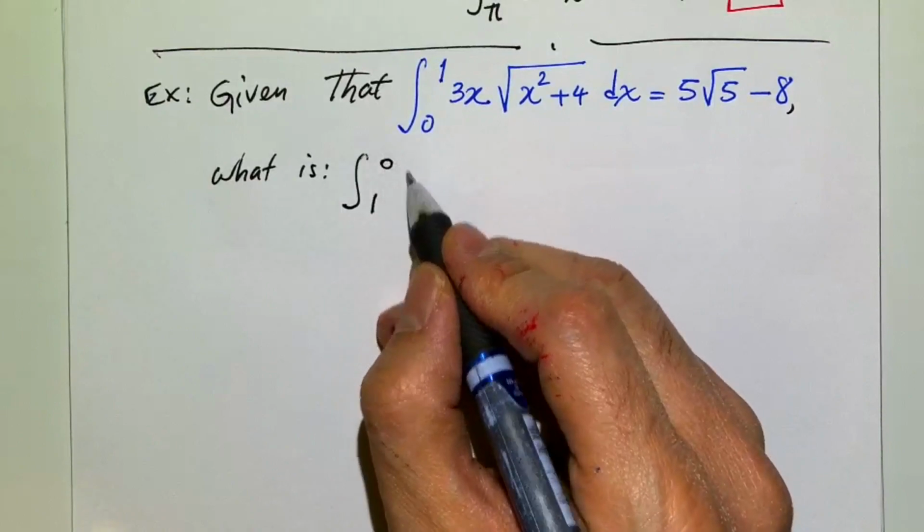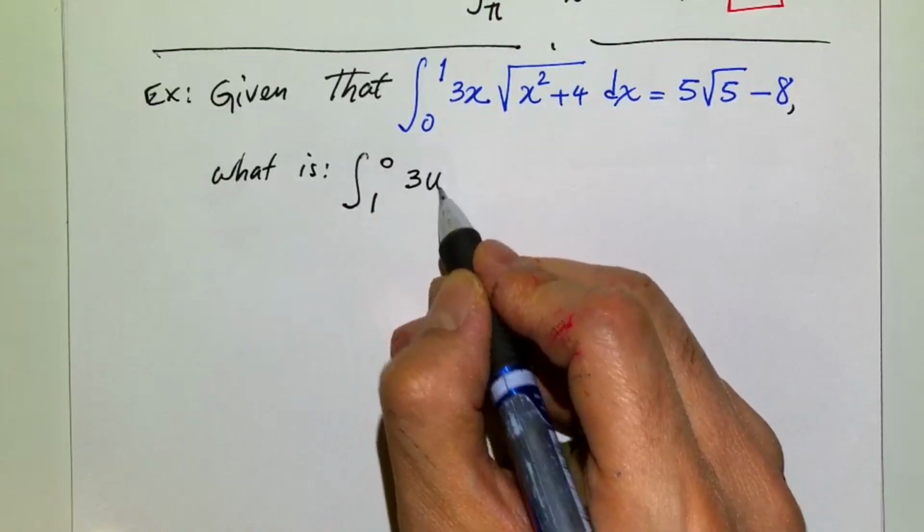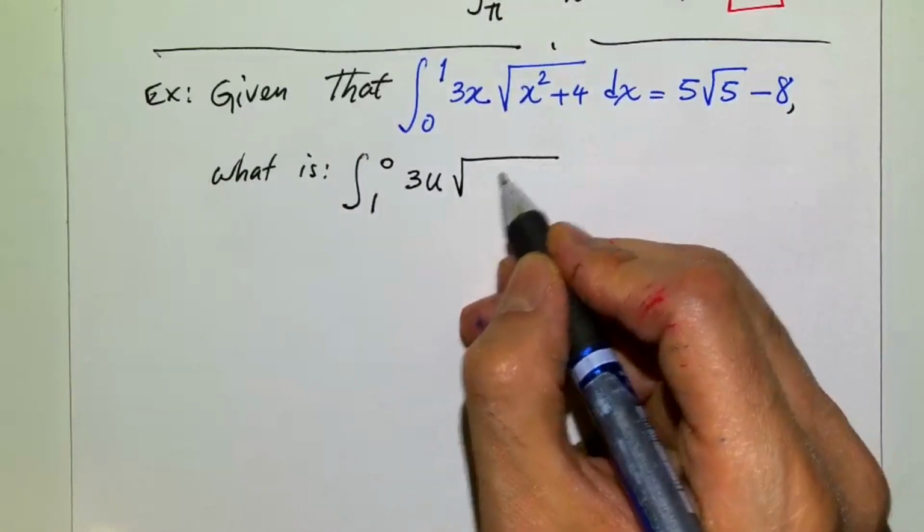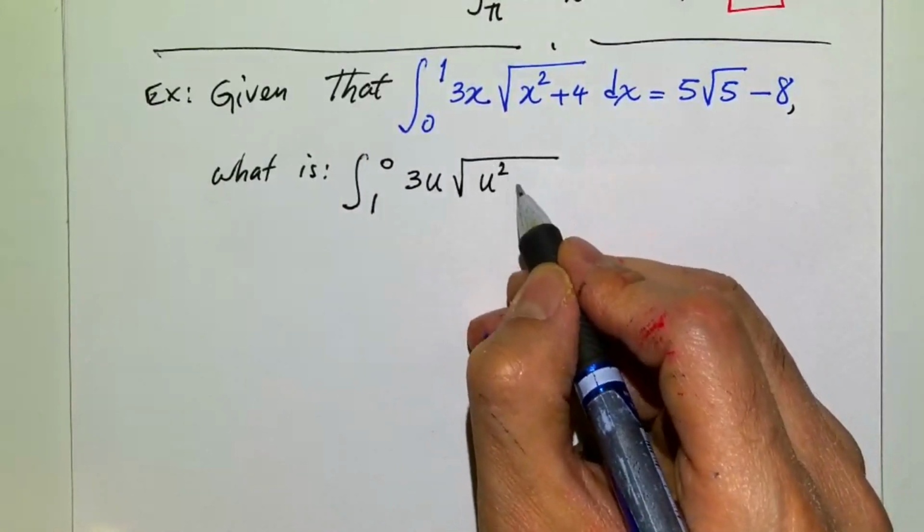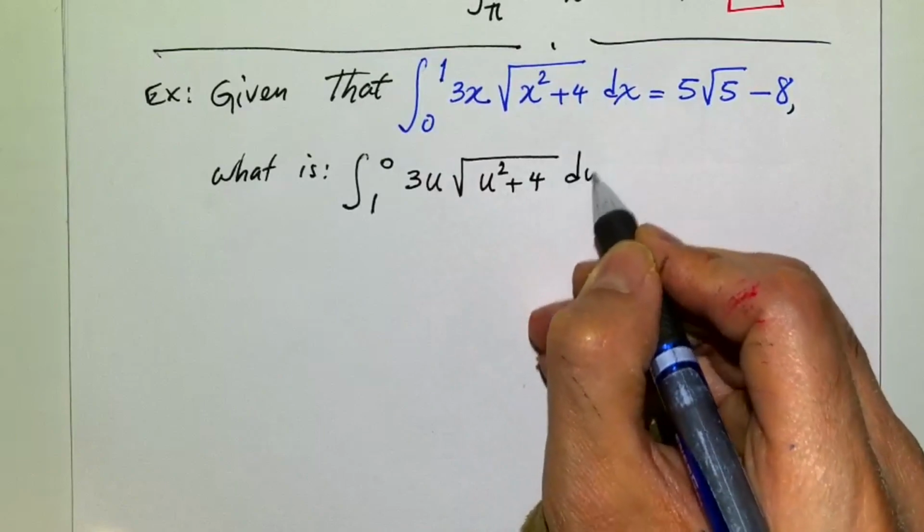The definite integral from 1 to 0 of 3u square root of u squared plus 4 du.